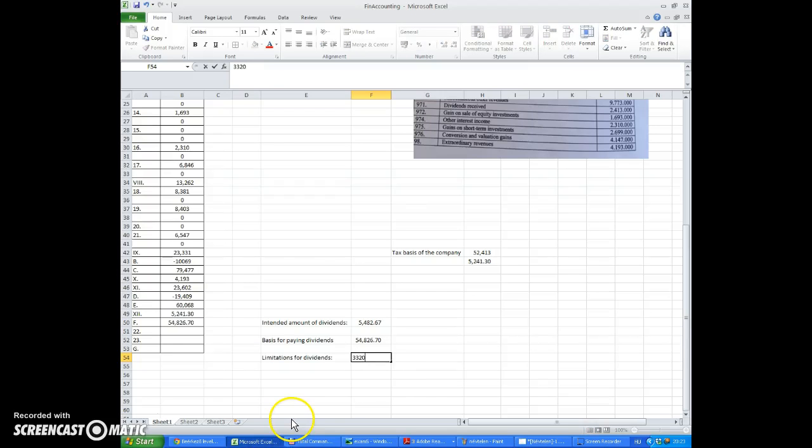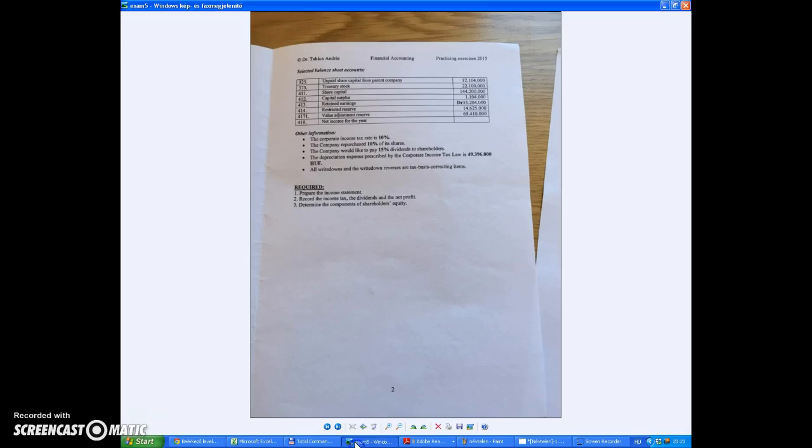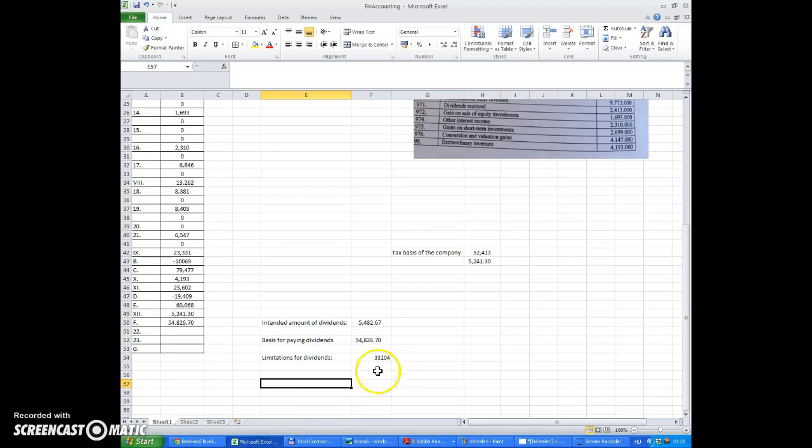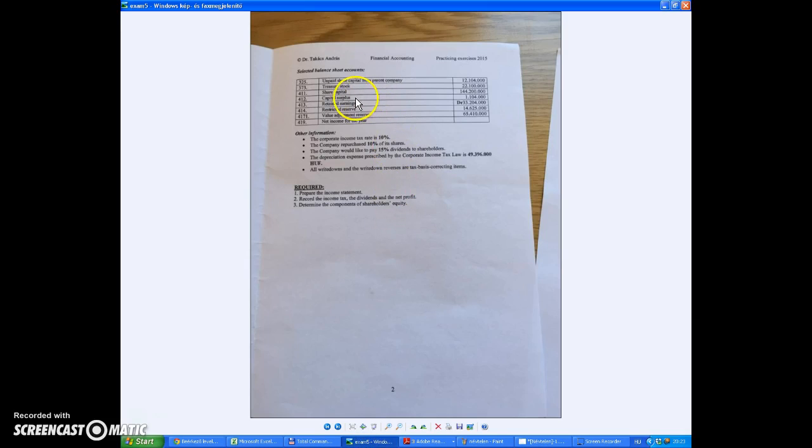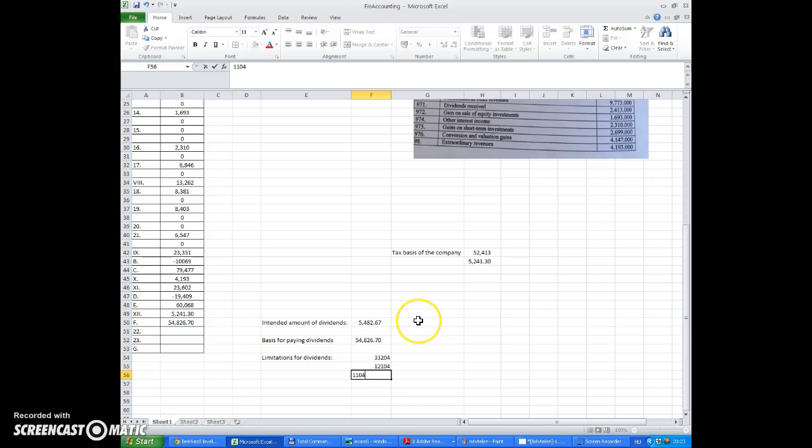Another part of the limitation of dividends is this one, unpaid share capital from parent company, which is 12104. Okay, and the capital surplus decreases the limitations for dividends, and we can subtract it from these.